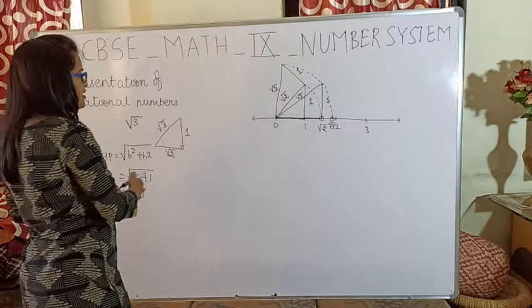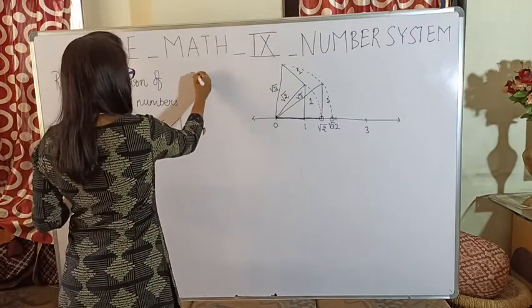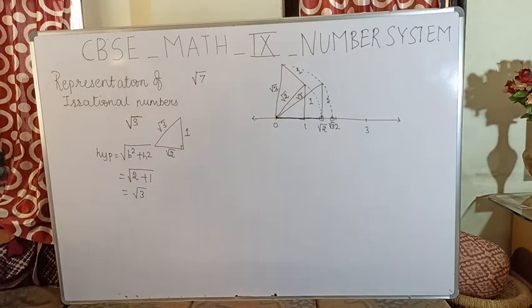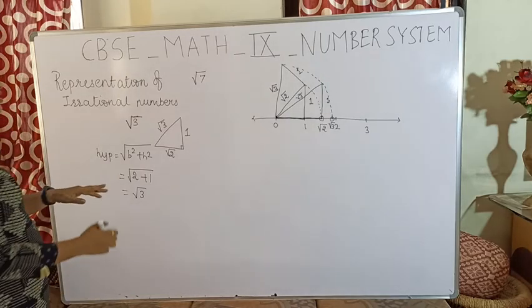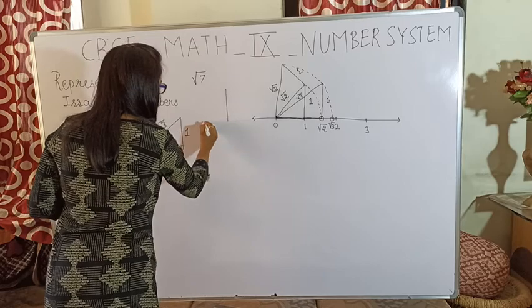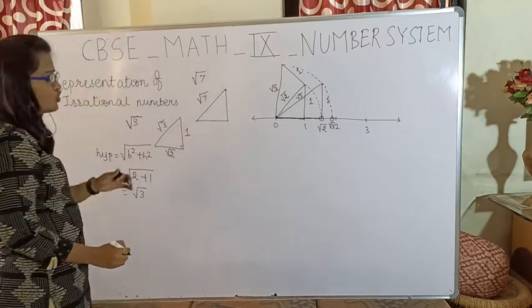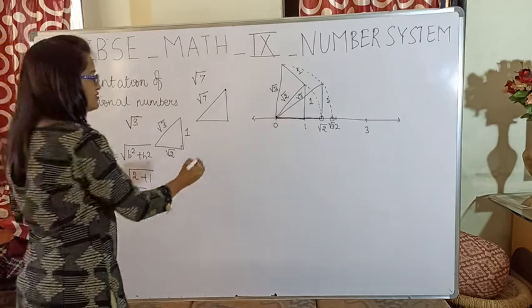Similarly, what if you have to draw it for under root 7? For drawing under root 7, you have to draw a right angle triangle whose hypotenuse has to be root 7. So what could be its base and height?